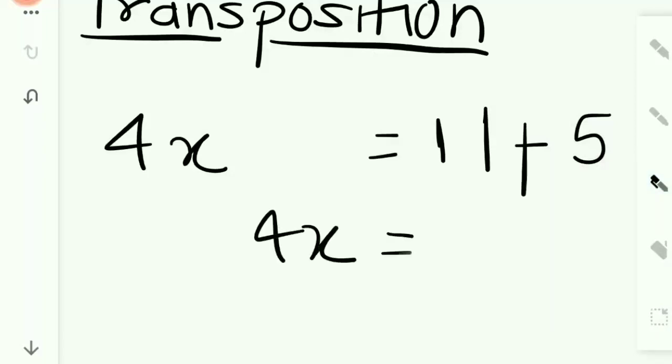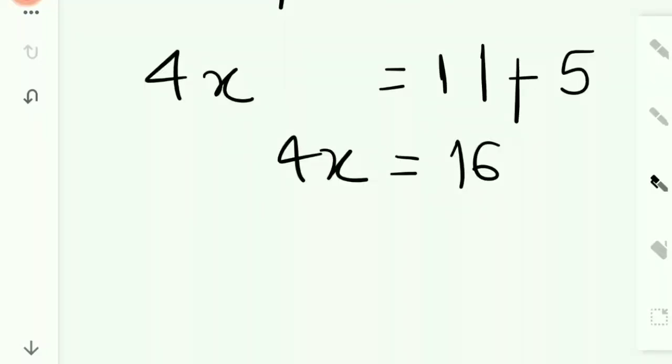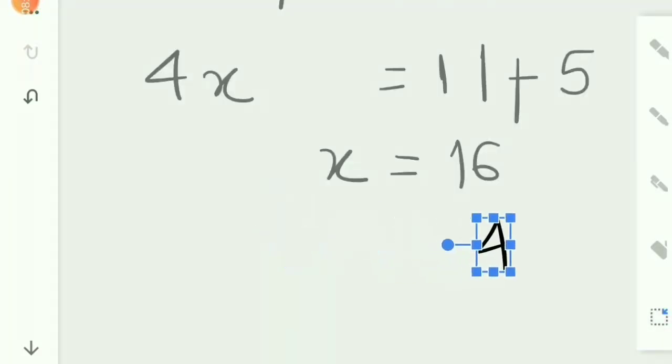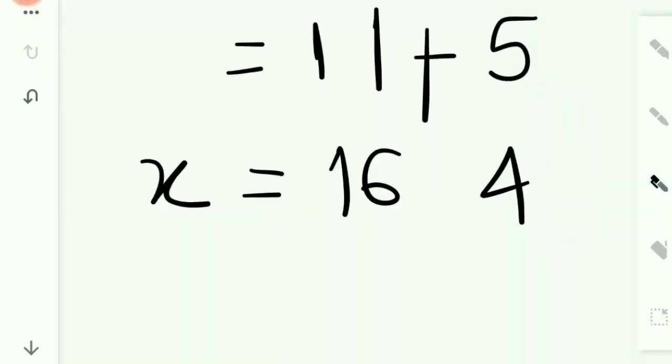So 4x equal to 11 plus 5 is 16. x is in multiplication with 4, so I'll lift this 4 and put it on the right hand side. It was in multiplication on the left hand side, so it will be in division on the right hand side. x equal to 16 divided by 4 is 4.